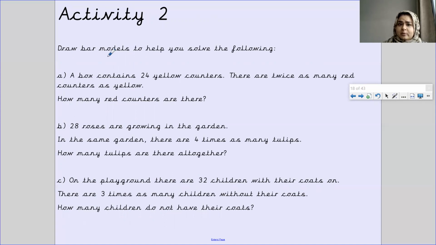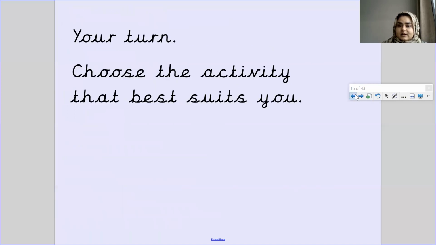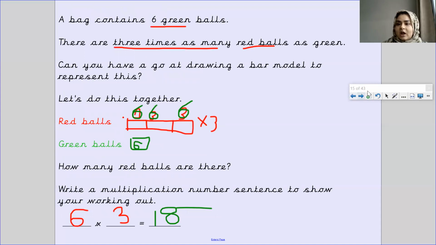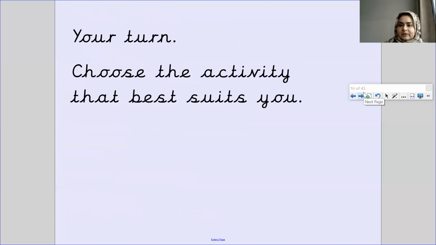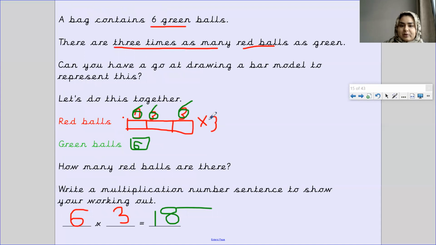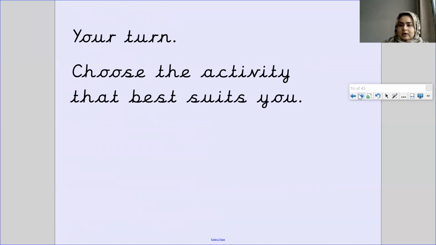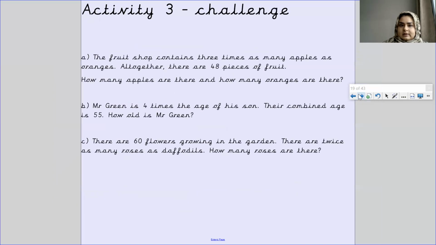And then I want you to draw bar models to help you solve the following. So do you remember how we did this? I want you to draw a bar model like that. All you need to do is when you do your bar model, you split it into the same number that it says here as many. Then if you want a challenge, you have activity 3 with 3 questions.